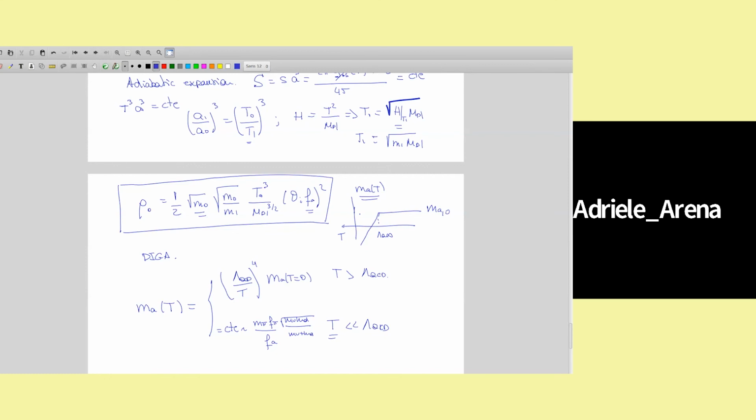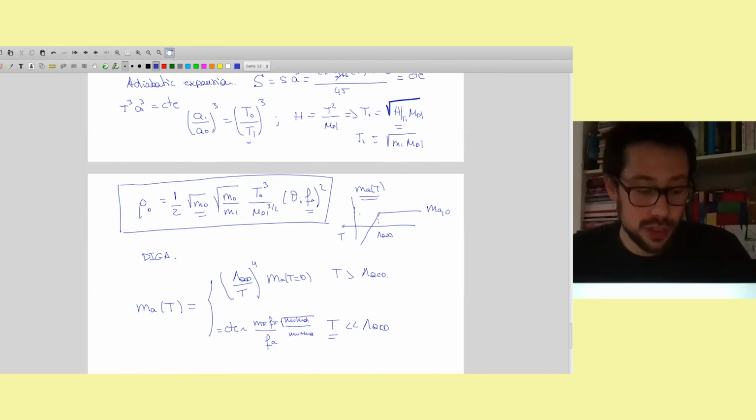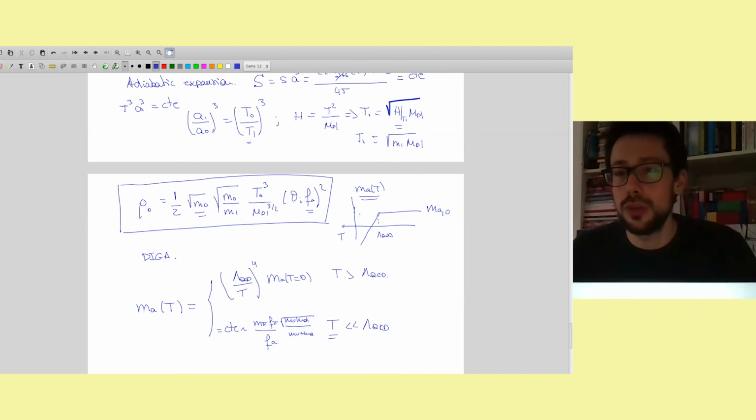Well, actually that's not the case, right? When you have a thermal bath, quite often particles get thermal masses, right? If you have a bath of electrons, even the photon develops a thermal mass, right? So it is quite common, when you have a thermal bath, for the masses of the particles to depend on the temperature of the thermal bath.